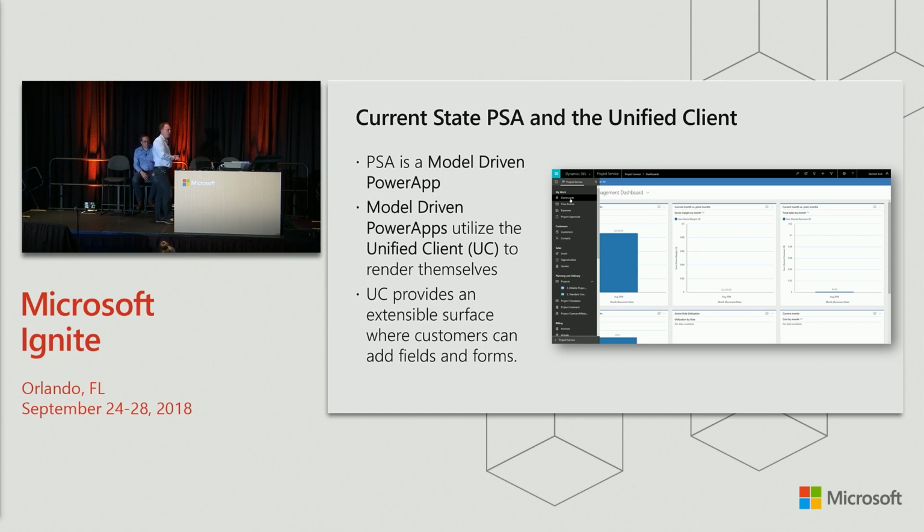It is fully extendable. You can add your own controls. We have a bunch of controls in there. It's backed by workflows, which is essentially Flow. And it becomes the platform that we've used for building our business applications. When we talk to business customers, UC is the solution we go in there with to marry our applications into their business process. So I just wanted to make sure that was clear.